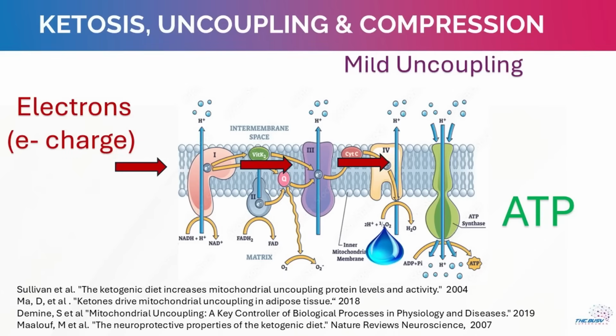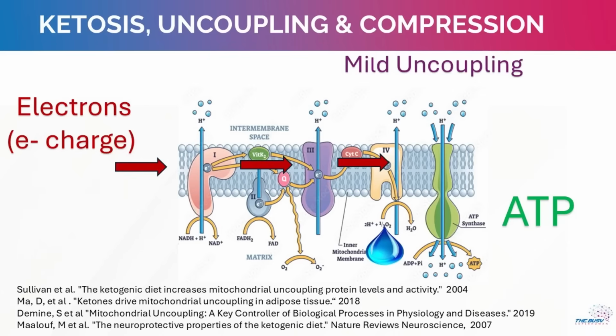But then things like cold and ketosis, we can say that they do a form of uncoupling, because more energy is then dissipated as heat. And this is back to the dissipative structures. Also, when more heat is made, it's going to change the properties of water by expansion, which is going to have an effect to compress the electron transport chain.